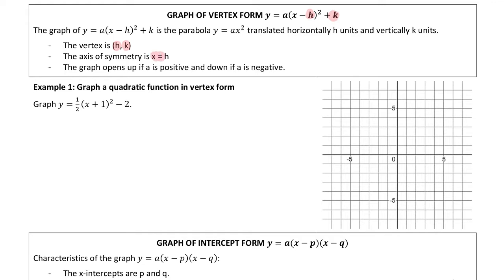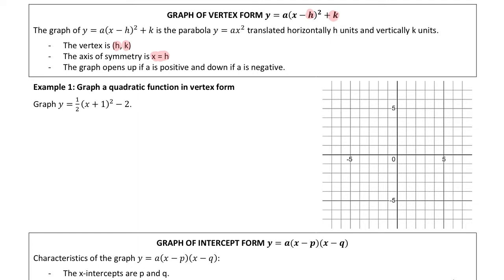That's why I included that there. The thing to remember here is for our vertex, x minus h. So our vertex is always the opposite value of whatever that h value is. If it's x plus 5, our vertex is negative 5. If it's x minus 10, our vertex is at 10, whatever the value of k is.